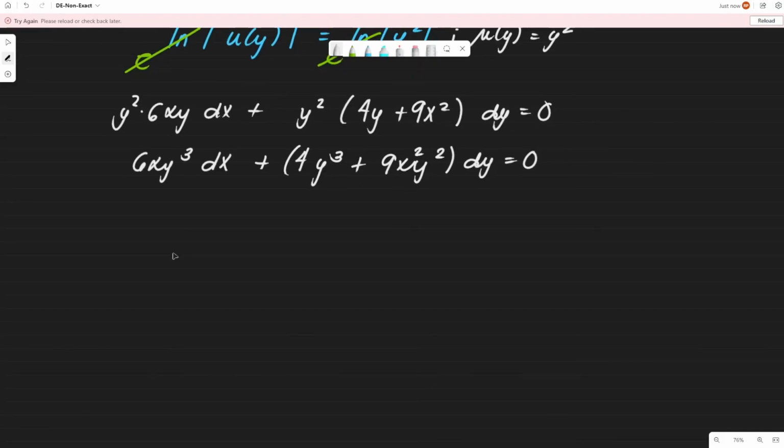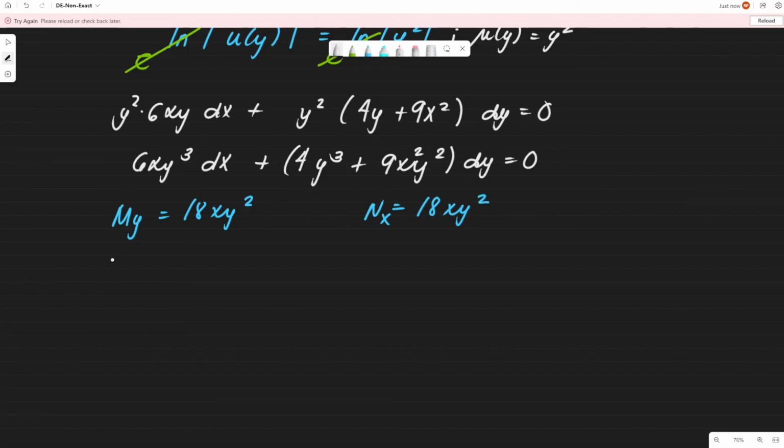So this will be our M, ito yung ating bagong M. My is equal to 18xy squared. Nx is equal to, since y function to, 0 na lang yan. Sorry, 18xy squared. They are already equal, so exact na siya.